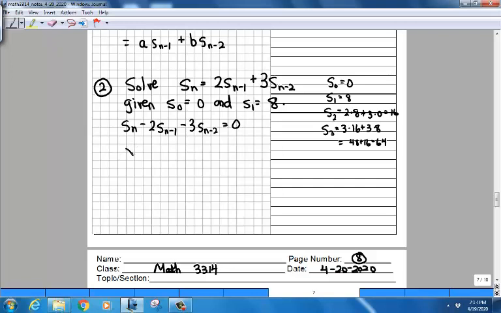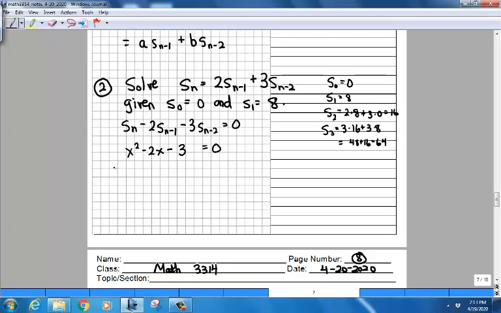The characteristic equation for this recurrence relation is x squared, which corresponds to S sub n, minus 2 times x, which corresponds to the S sub n minus 1 term, minus 3, which corresponds to the S sub n minus 2 term, equals 0. So there is the characteristic equation.